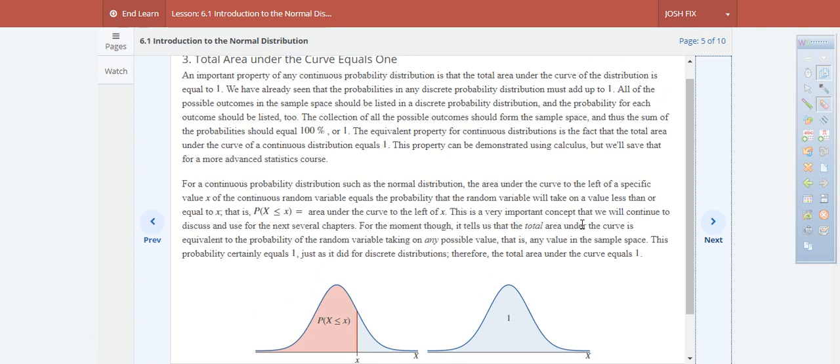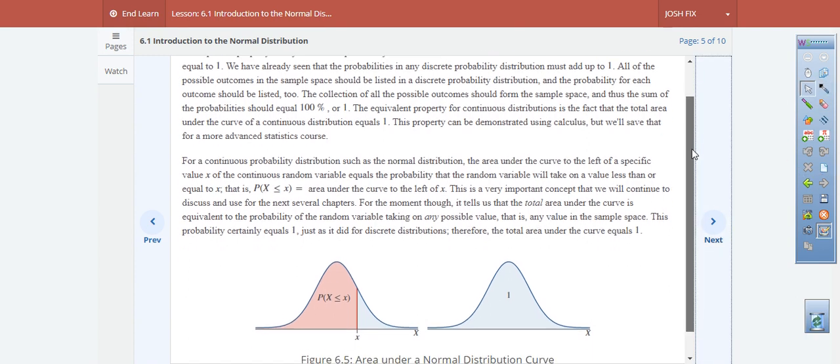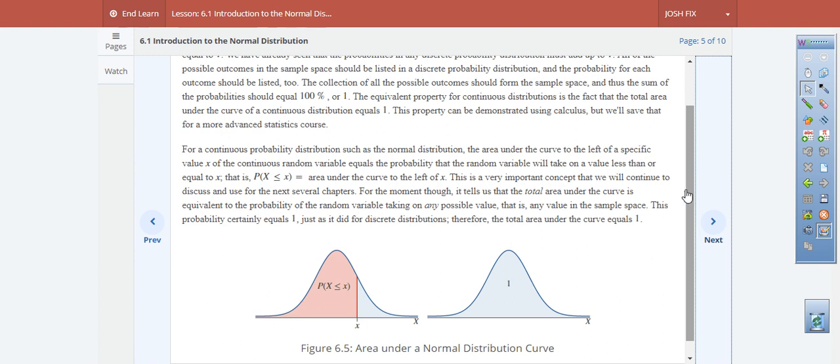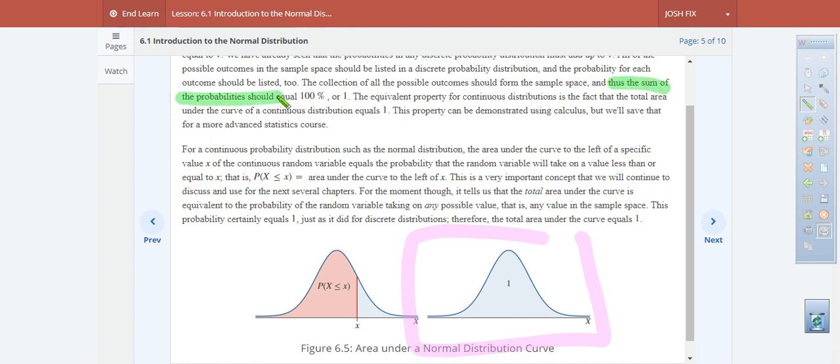Area under the curve. Let's just ignore this image on the left-hand side, and focus on the one on the right-hand side. We'll get into area above and below and stuff like that at another time, but for right now, let's focus on this one. Here's what the normal distribution says. If you are a normal distribution and you look like this when you plot your data, then the sum of the probabilities would be equal to 100, or basically, 100% of your data is under this curve.